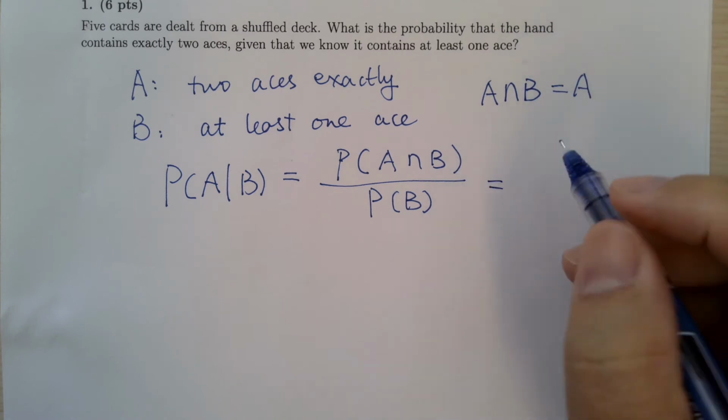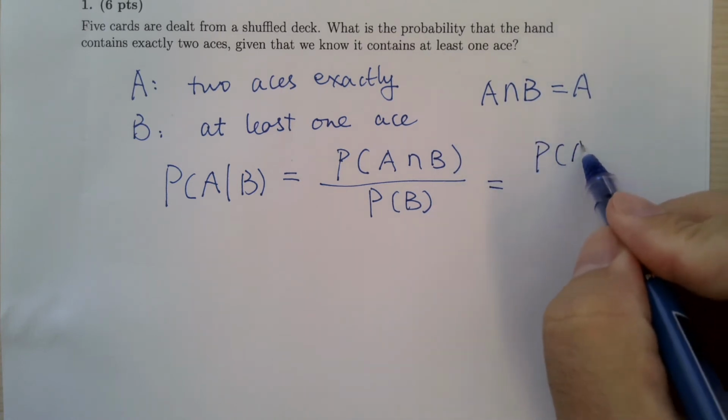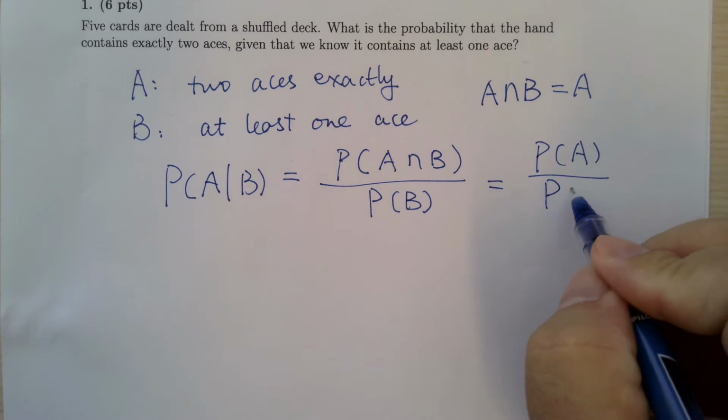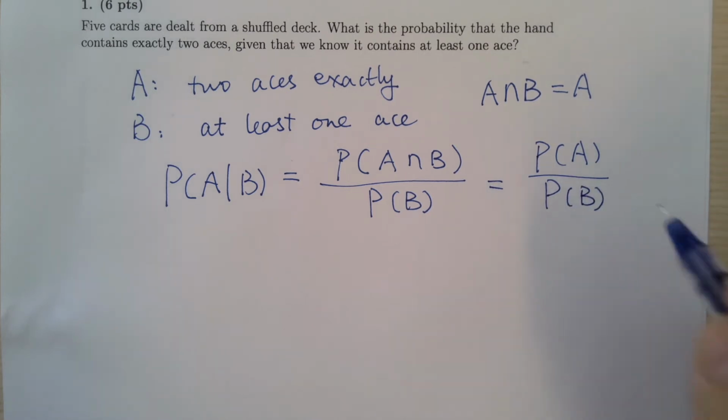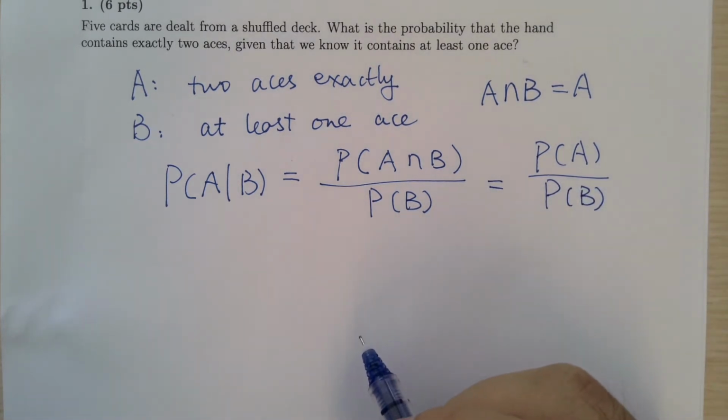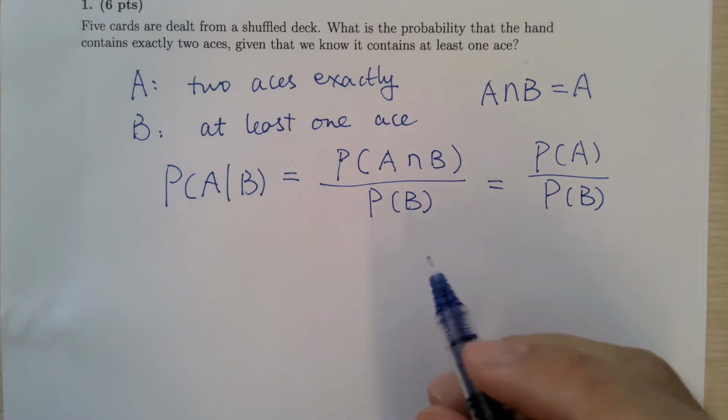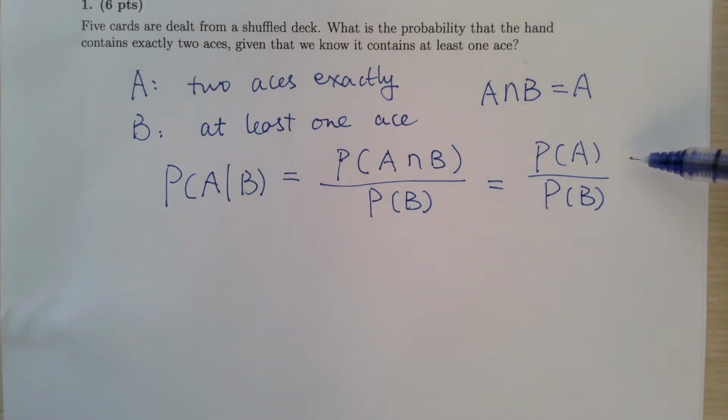So in other words, this becomes P of A over P of B. Okay. So right now, all we need to do is figure out the probability of A and the probability of B, and then we're good to go.